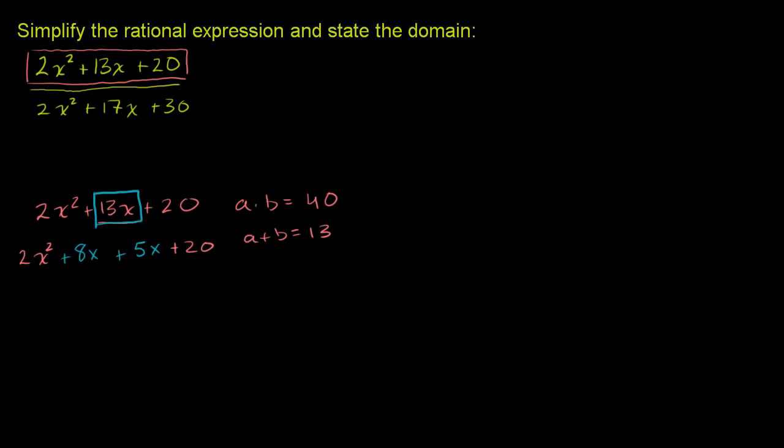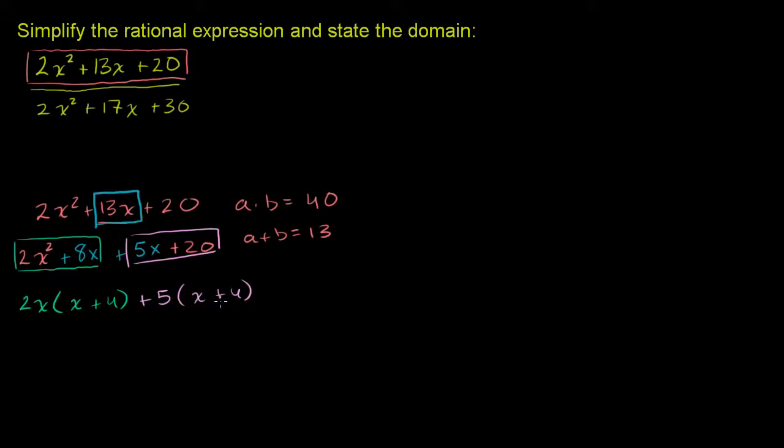Now we can group them. That's the whole point of factoring by grouping. Group the first two terms and factor out a 2x. 2x squared divided by 2x is just x, and 8x divided by 2x is plus 4. Then group the other two terms and factor out a 5: plus 5 times x plus 4. 5x divided by 5 is x, and 20 divided by 5 is 4.